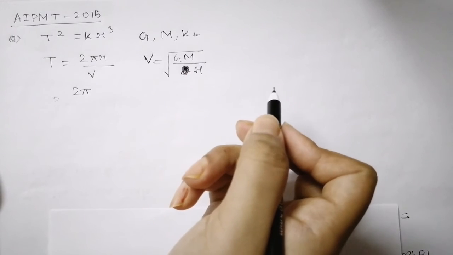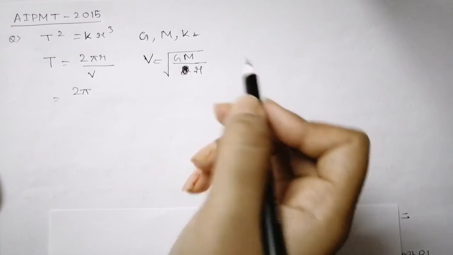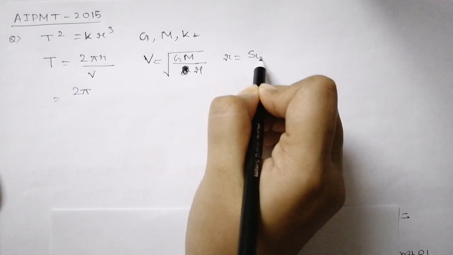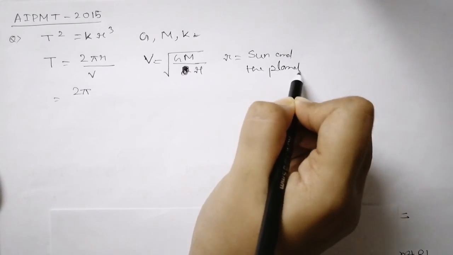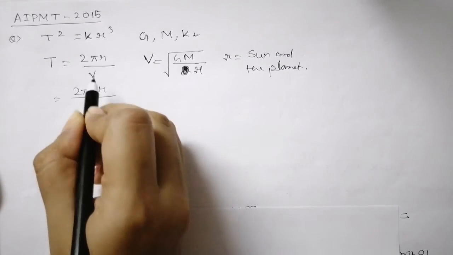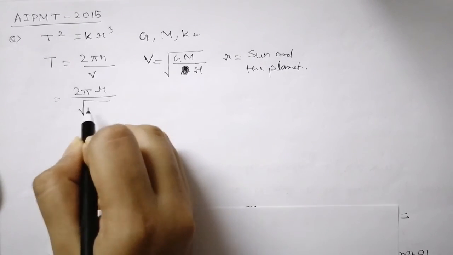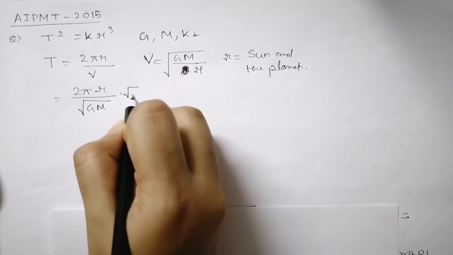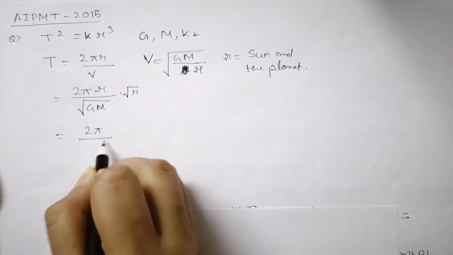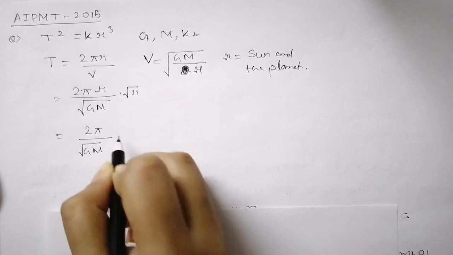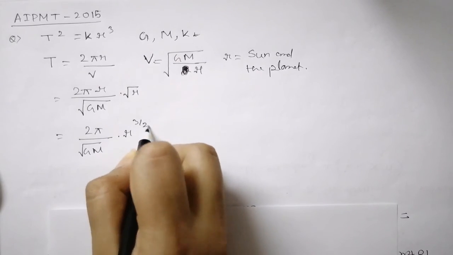What is r? r is the distance between the sun and the planet. It is given in the question. So put the value of v here. Here will be root GM and here it will be root r. So therefore 2 pi root GM into r to the power 3 by 2.